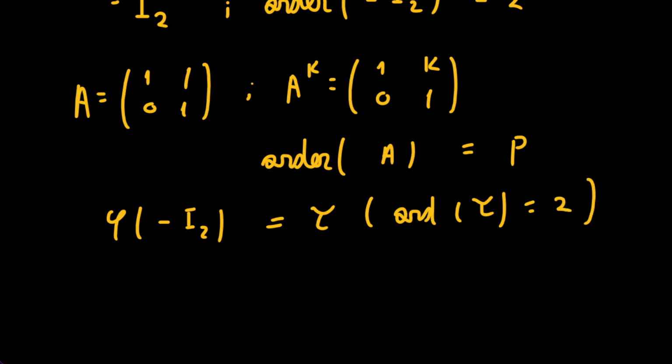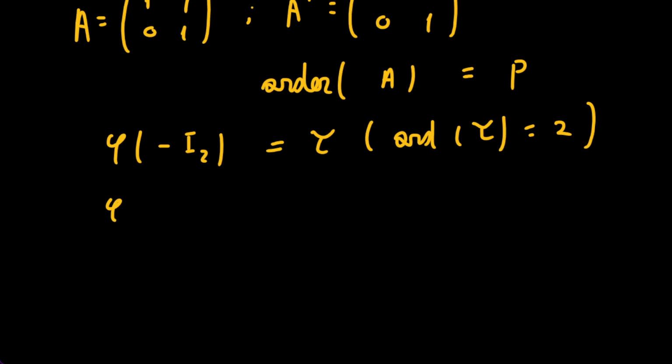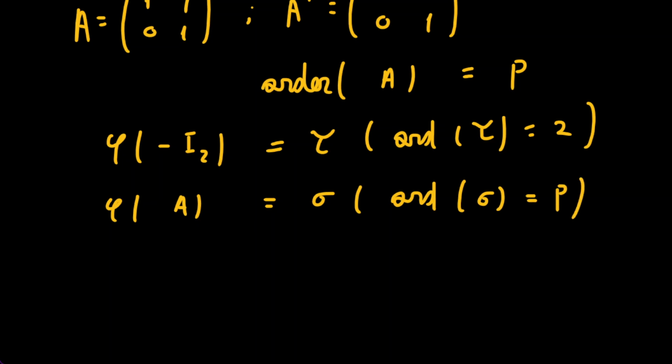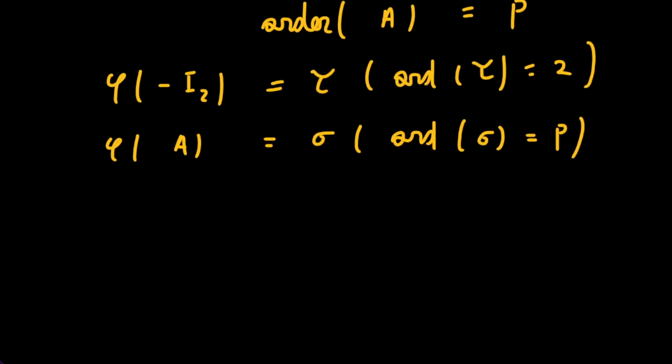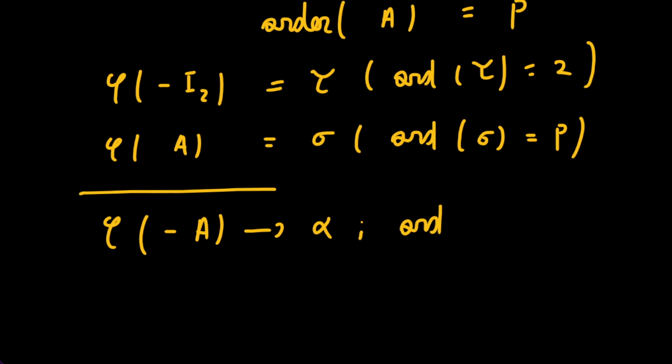So here the order is 2, and A will be sent to a permutation which I will note as sigma, and the order of sigma is P. And what we have to note here is that when we consider this function on minus A, it will send it to a permutation, let's call it alpha, of order the product of these two orders, so it's going to be 2p.